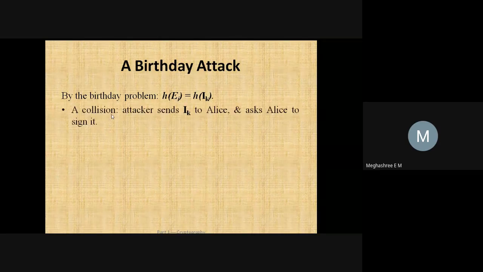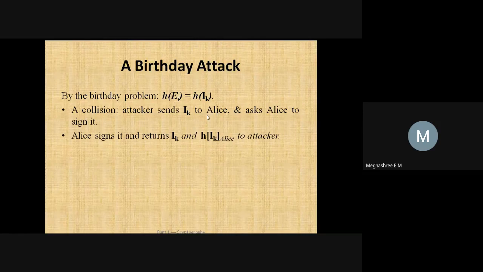So now the attacker sends this i_k, where he finds the hash value which is the same as the hash value of the evil message. He sends this message to Alice and asks her to sign it. She'll think it is the message that she was signing, so she'll sign it and return the message and the hash value of it to the attacker.